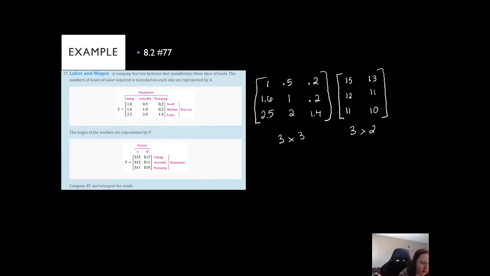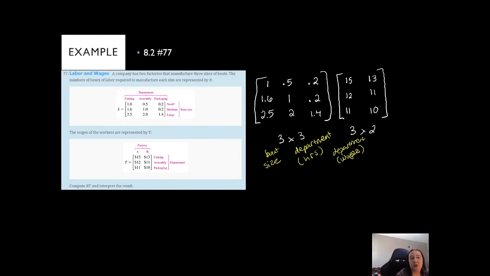So let's do the interpretation first. The rows here for the first matrix are boat size. The columns are department. And these are the hours specifically for each department. Now, inside here, we've got our rows, which again are departments. So notice that our department has to line up with department, but now it's wages.